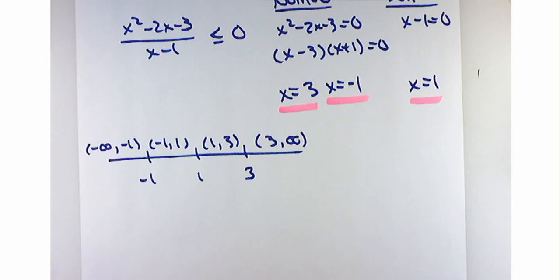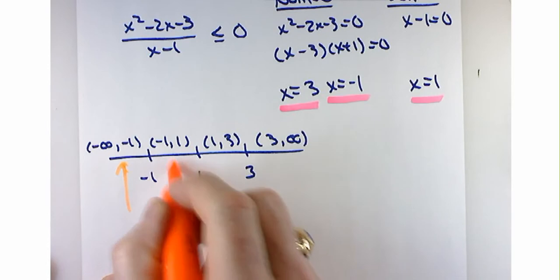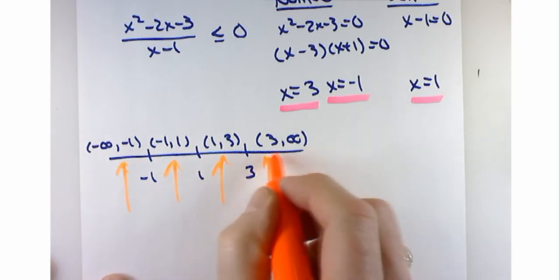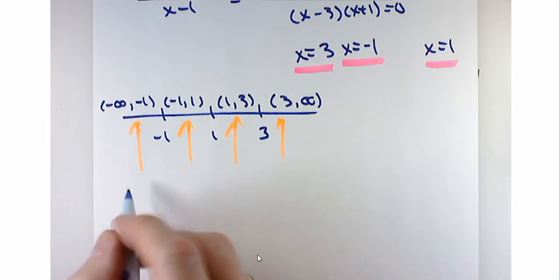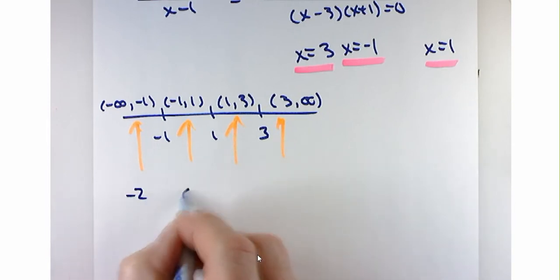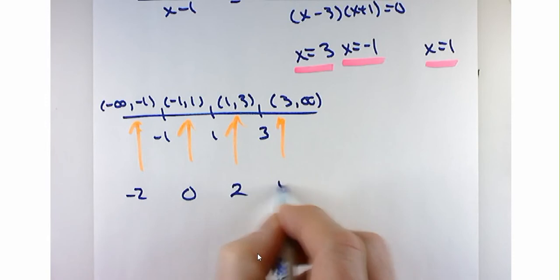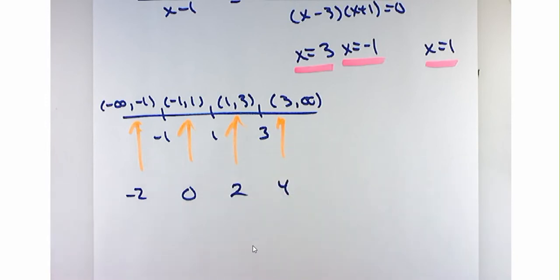I need some test points. So something here, here, and here. So negative 2, 0, 2, and 4. Those would be nice test points.